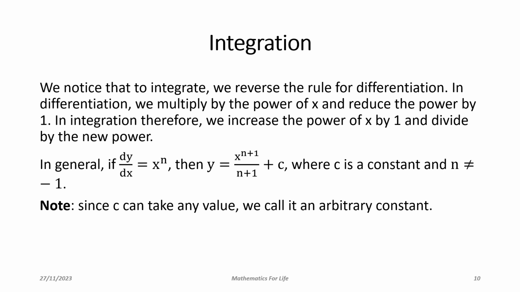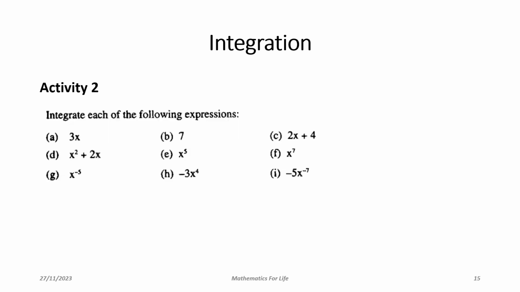In general, if dy/dx is equal to x raised to power n, then our initial function is given by increasing the power of x by 1, which gives x raised to power n plus 1, divided by the new power, which is n plus 1, and then adding the arbitrary constant c, where c is a constant and n can never be equal to -1. We note, since c can take any value, we call it an arbitrary constant.